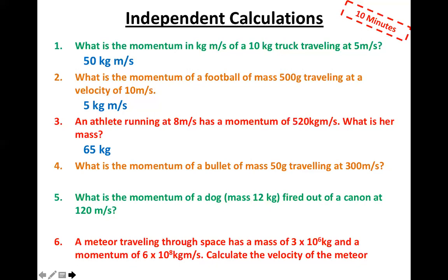Number 4. What is the momentum of a bullet of mass 50 gram traveling at 300 meter per second? Wing Yan? 15,000.